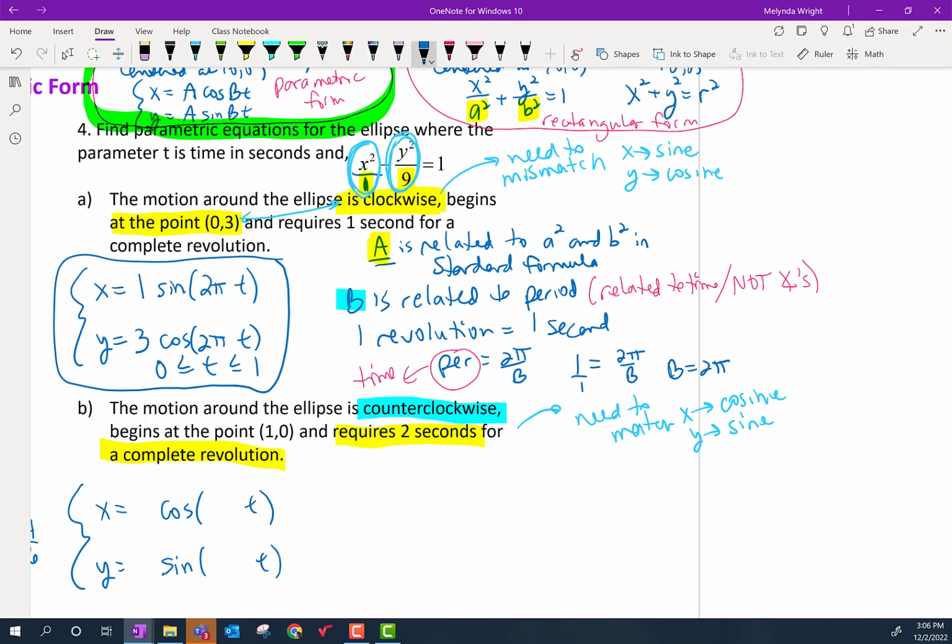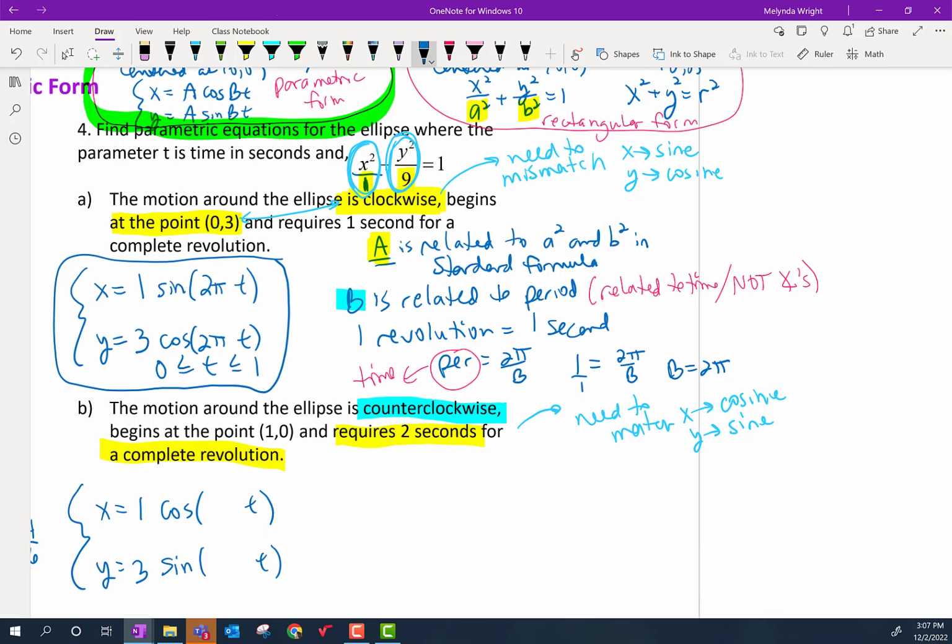A is still related to the numbers a squared and b squared. 1 went with the x, and 3 went with the y. That's not going to change. That goes with the x and the y. It has nothing to do with the sine or cosine. Okay, are we fine with finding the a?